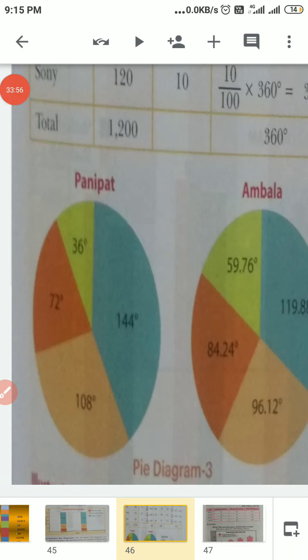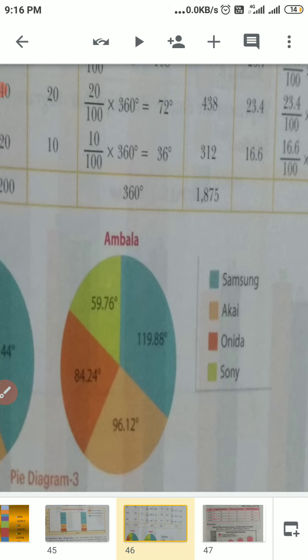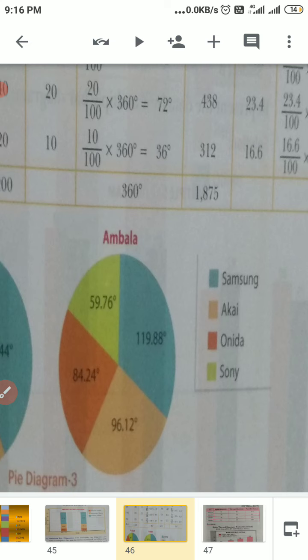So you can see the different angles have been given in this pie diagram. Whatever we have calculated, we can show by measuring different angles. And keep in mind that every part should be given a different color to make the diagram more clear and attractive. You can see here Samsung, Akai, Onida, Sony, likewise. The different angles have been constructed and given different colors.